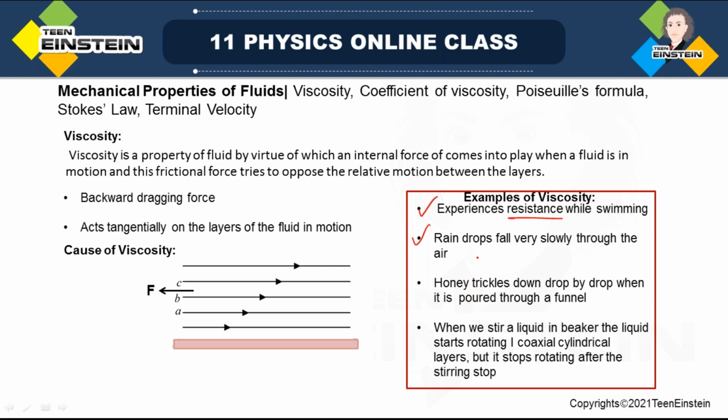Different layers of air, in case of air, due to diffusion of molecules between them, this produces viscosity, and because of viscosity, when raindrops fall through the air, the speed is dragged or reduced.